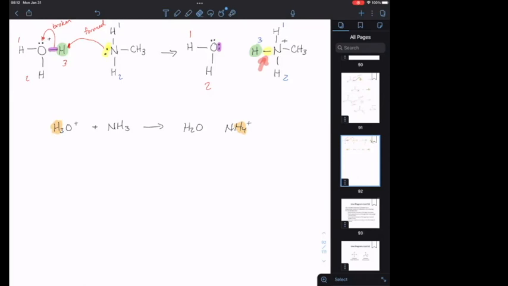So that's my new bond that's formed. And then I have this bond that's broken. This formerly was a bonding pair of electrons and now jumps onto that oxygen atom, becoming this lone pair of electrons here.